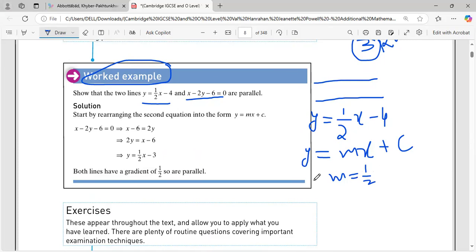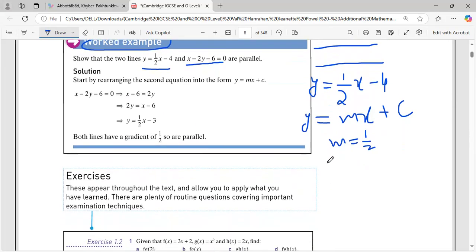Now for this line, we try to find the slope. This line is x minus 2y minus 6 is equal to 0. Now we try to make this form, right? So I shift these two terms to the right side, so this becomes negative x and plus 6.